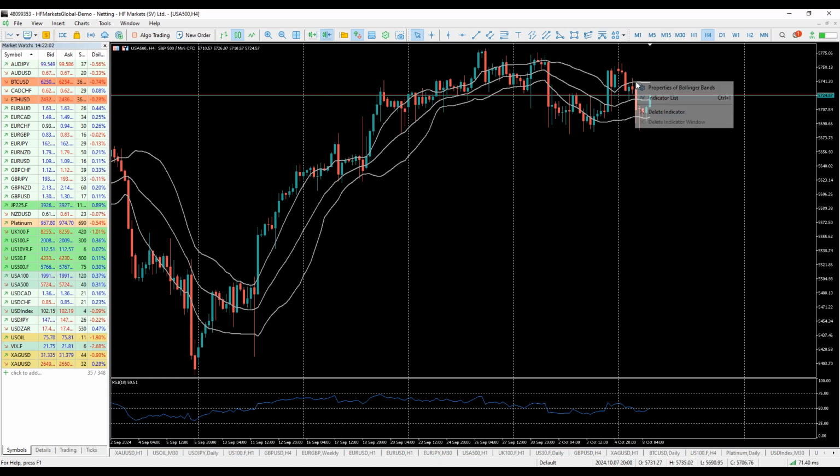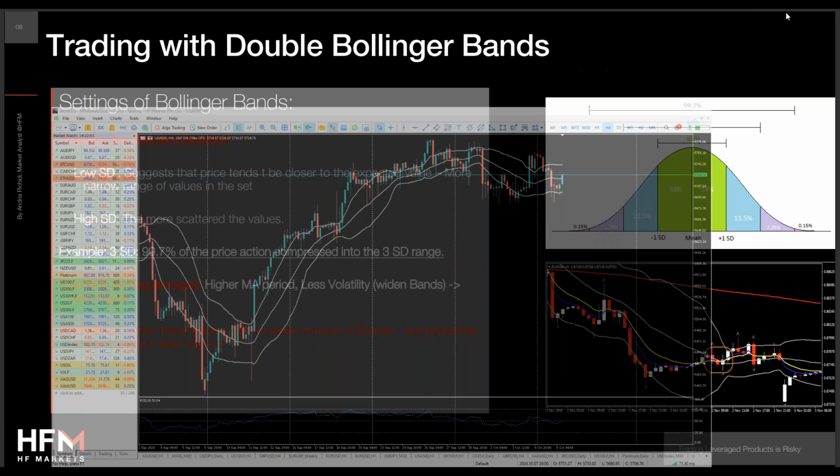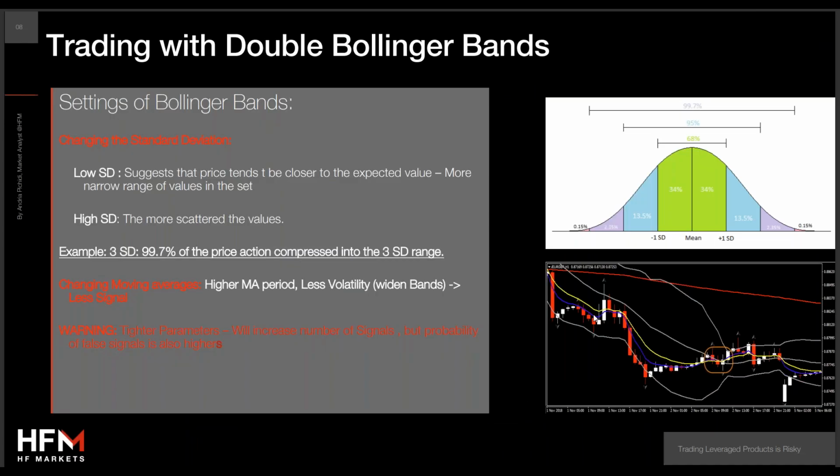So you need to make sure that the settings that you're gonna use are appropriate for the asset and the parameters that you have and the time frame that you're using, okay? So if the parameters are too tight, or if they are way too high, that could lead to some false signals.